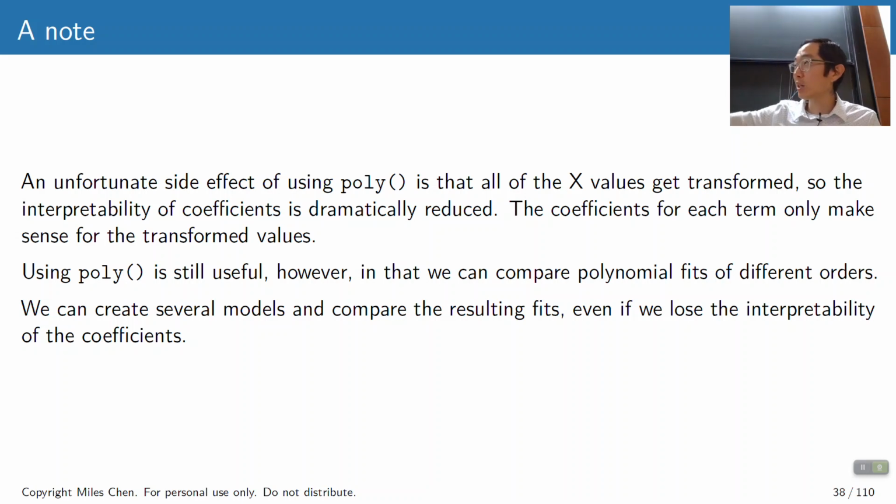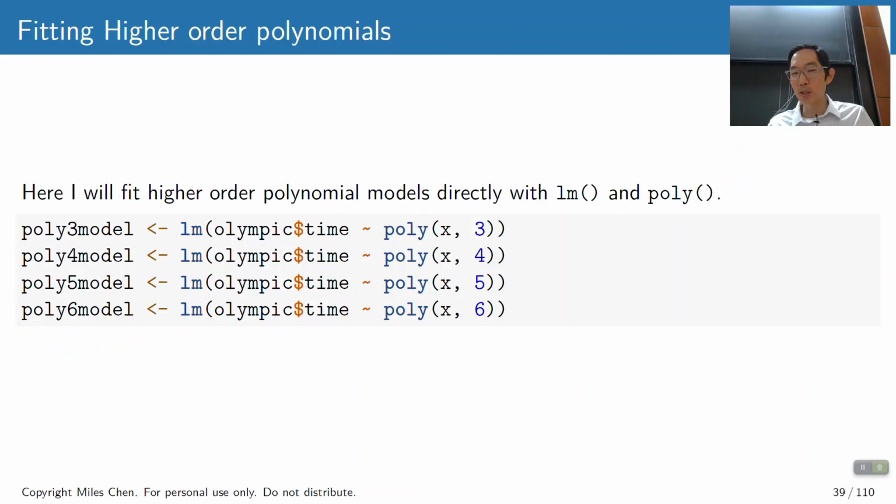Okay, and so that's exactly what I do in this next part. I say, I want to try fitting a cubic model, a fourth order model, a fifth order model, a sixth order model, and I can do this really easily without having to manually take this column of X values and square them and specify a different model.